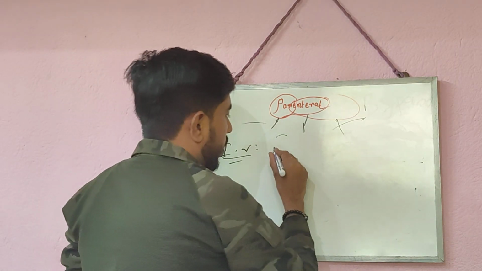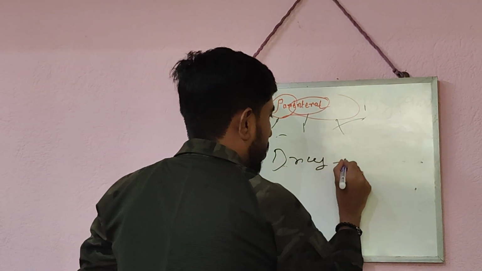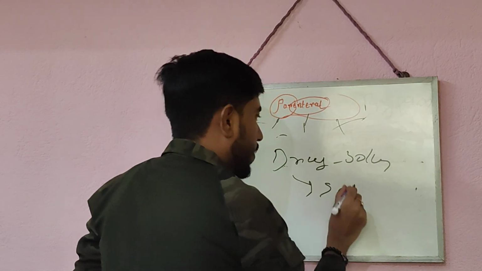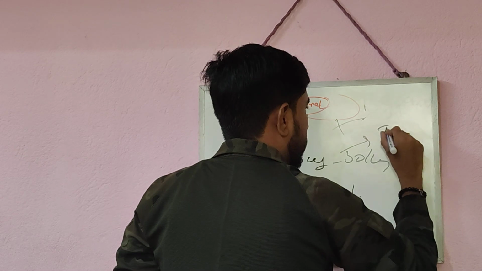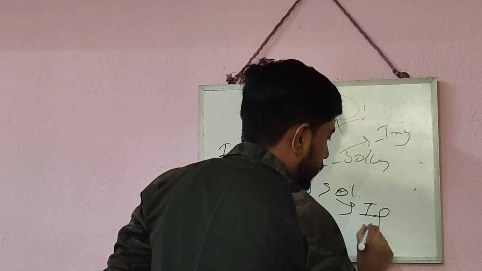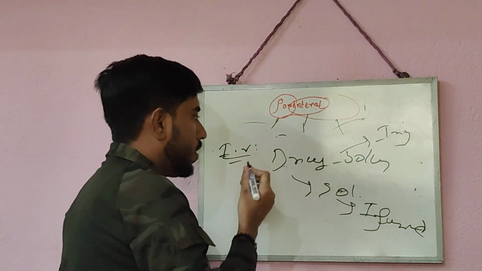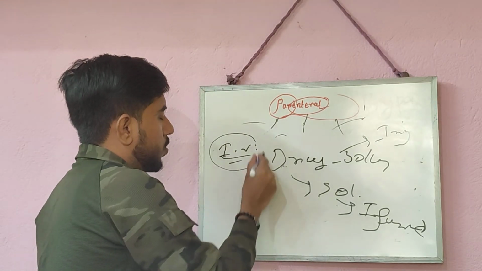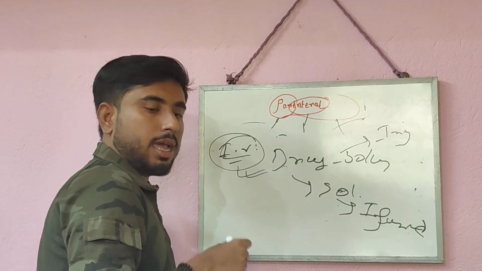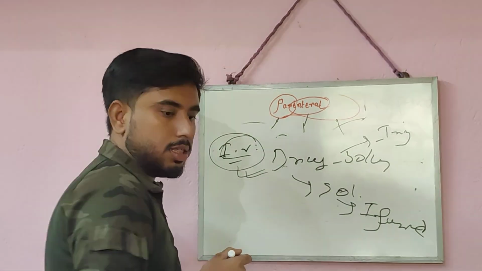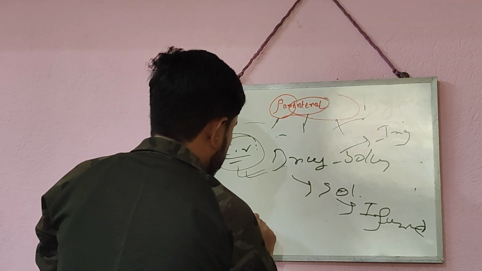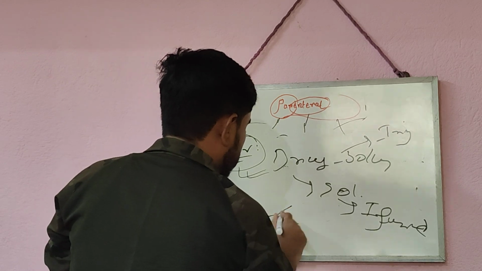Here we use the drug as a bolus or as a solution. A bolus drug is directly injected, or a solution is directly infused, into the veins of the body so that the drug can directly mix into the blood and reach the tissue where it is required. And this is a very risky process and a very risky route. That's why it is not used that much.